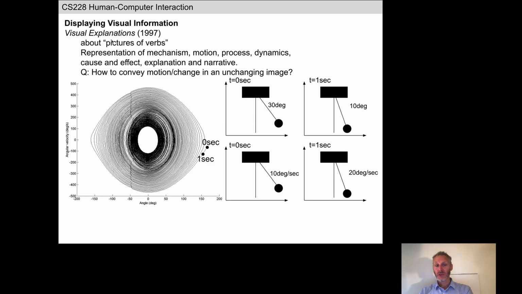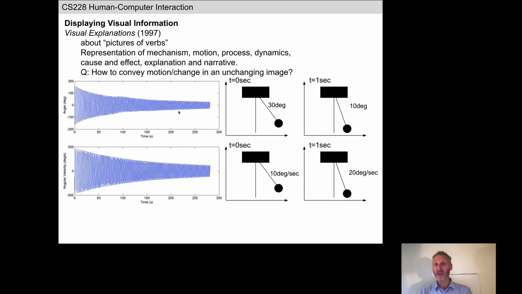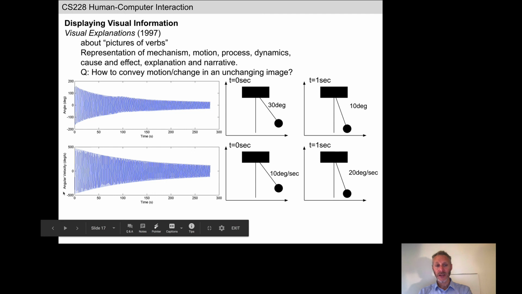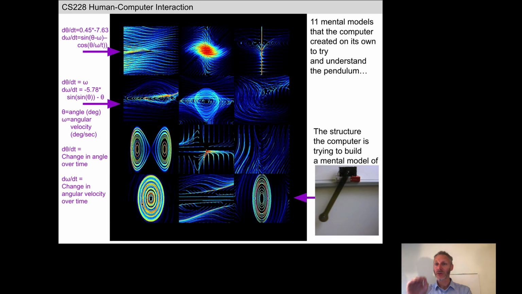So I can ask you the same question here by looking at this raw data. How are angle and angular velocity changing? I want you to write down an equation that describes how this angle is changing over time, and a second equation, which is how angular velocity is changing over time. You might write down those equations, and they may be more or less correct.